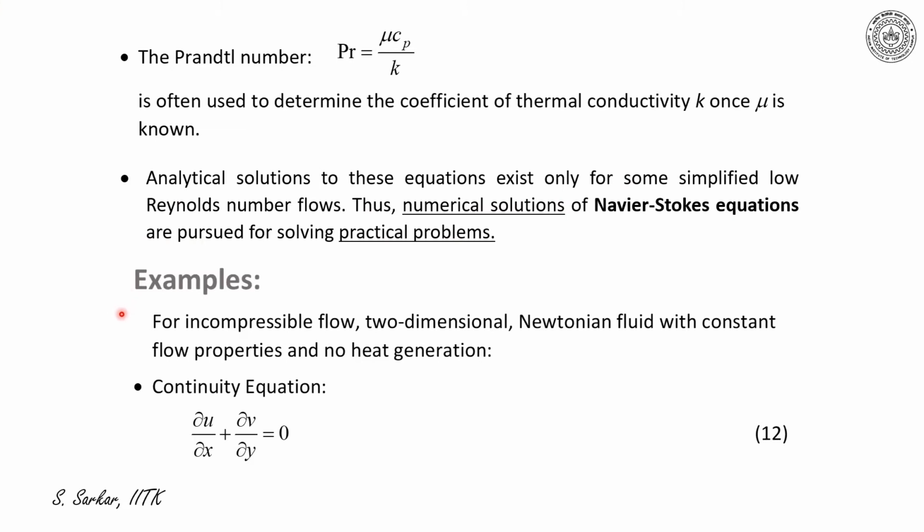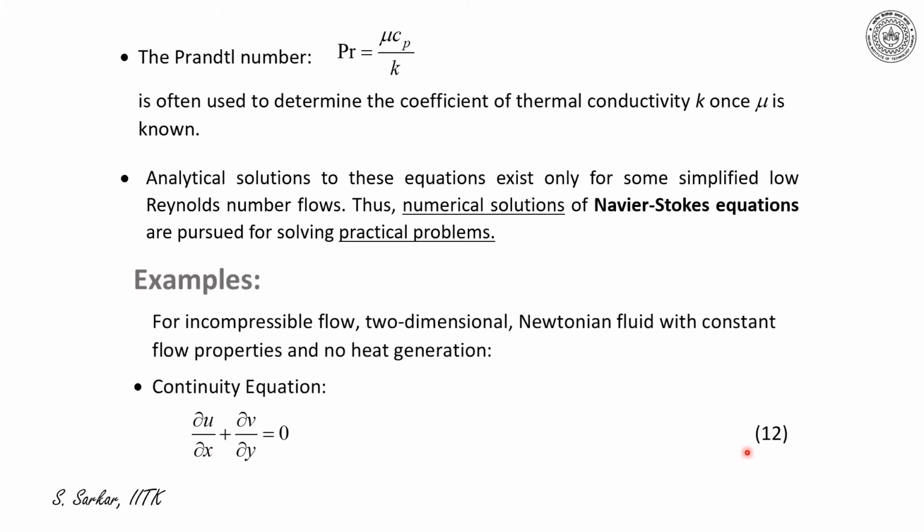As an example, I've stated here the governing equations for incompressible two-dimensional Newtonian fluid with constant properties and no heat generation. Thus, the continuity equation would be del U/del X plus del V/del Y is equal to 0.